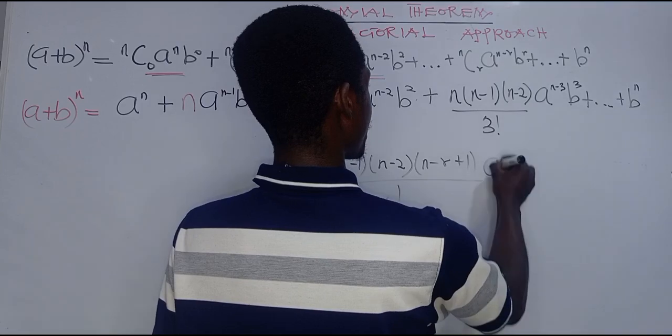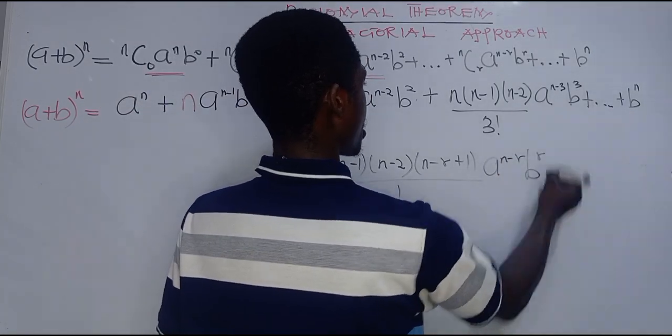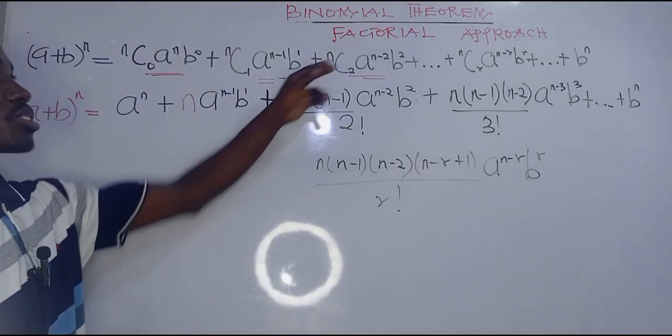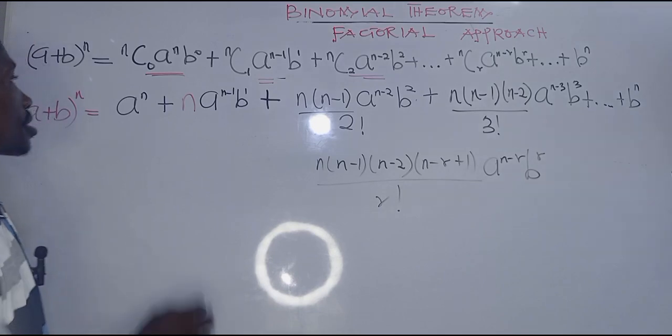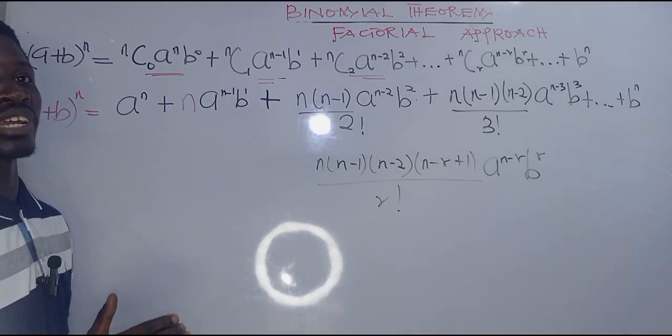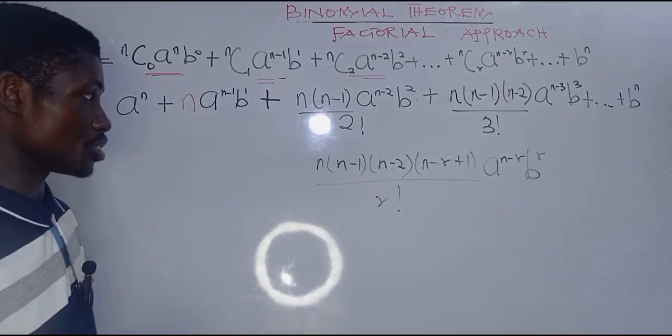And then we have our a^(n minus r) b^r. So this is the formula that we are going to use for the factorial approach. So let's take examples and then see how best we can use it.